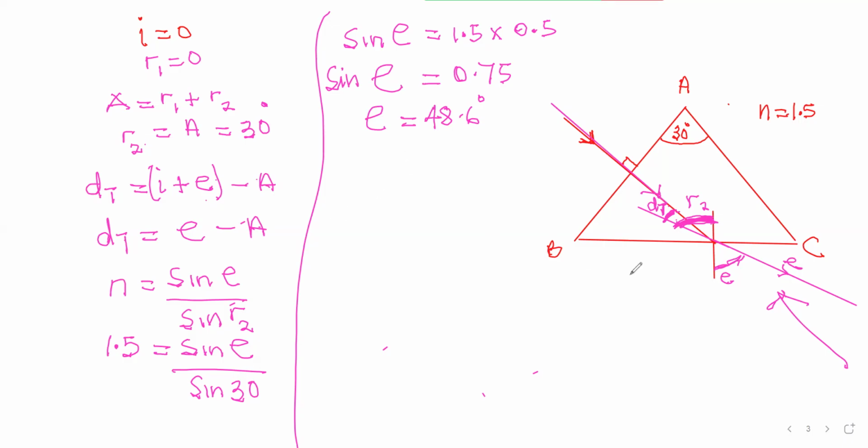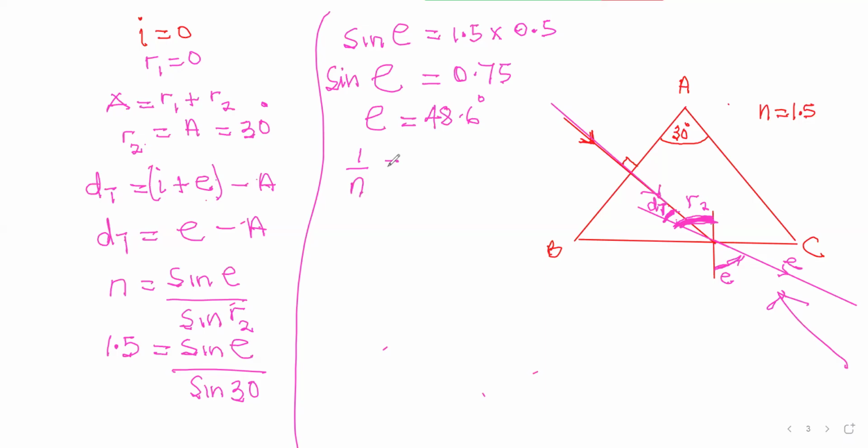So once you have the angle of emergence, let's look at it from glass to air. If we are moving from glass to air, don't forget this will be the reverse refractive index.